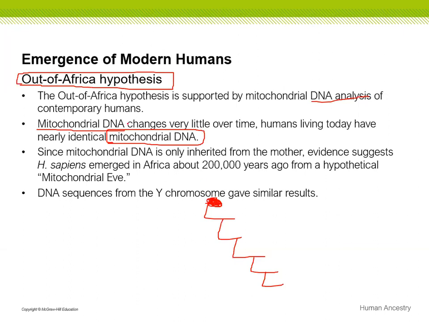We had an ancestor from one of the early humans. We have found this all over the world. It's more common in Africa, but it does exist all over the world, every continent. This DNA is only inherited from the mother. But yeah, so the out of Africa hypothesis, quite popular.